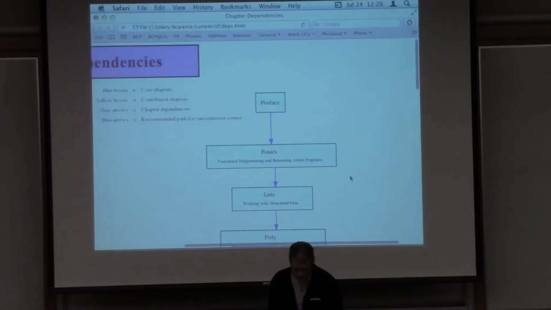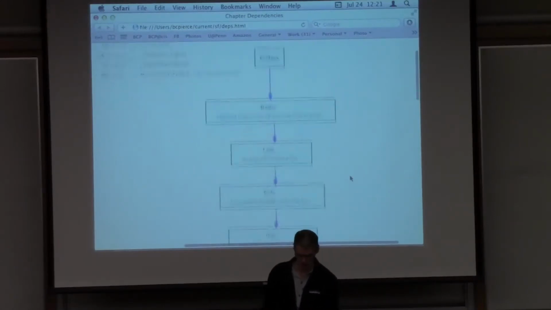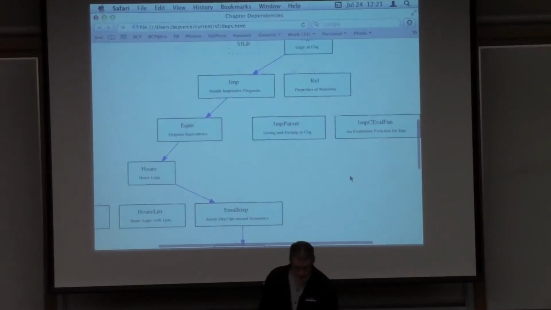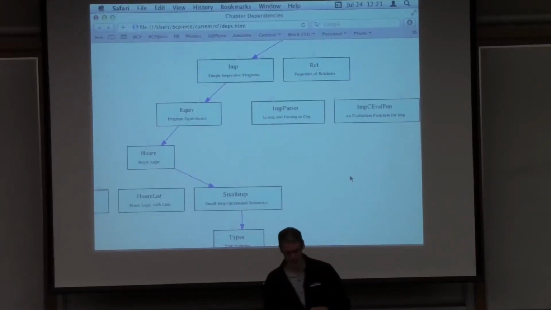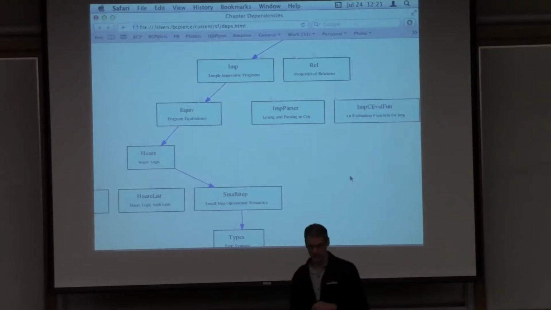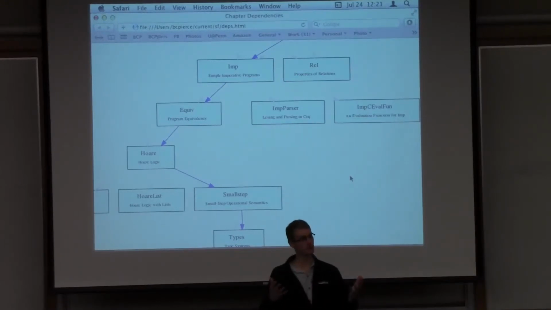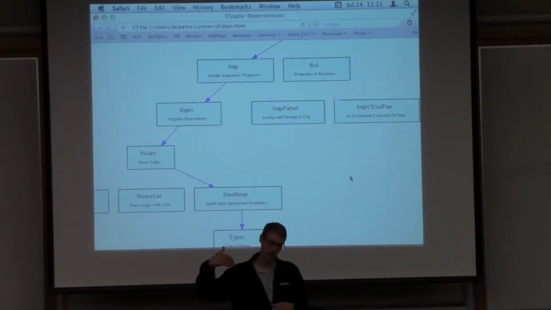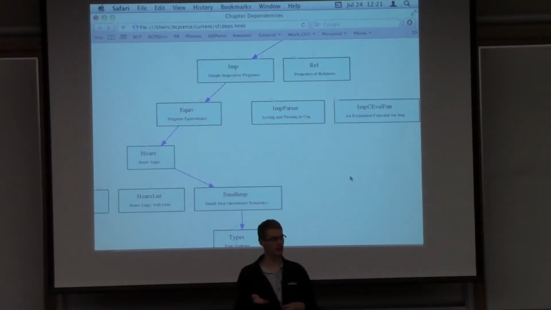Here is the whole chapter dependency diagram for the whole book. We've been through this part, and now we were looking at IMP. At this point, if I were teaching a full semester course, especially to newbies, we would stay with IMP for a while.